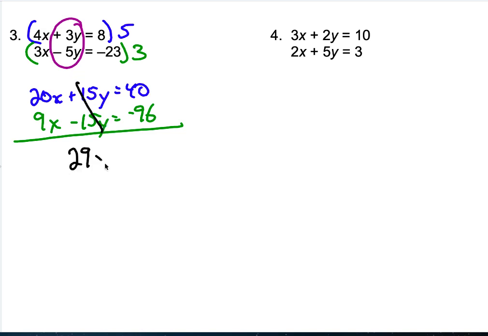So I get 29x is equal to, sorry, I'm just checking on my math, is equal to -56. Okay. Divide everything by 29.